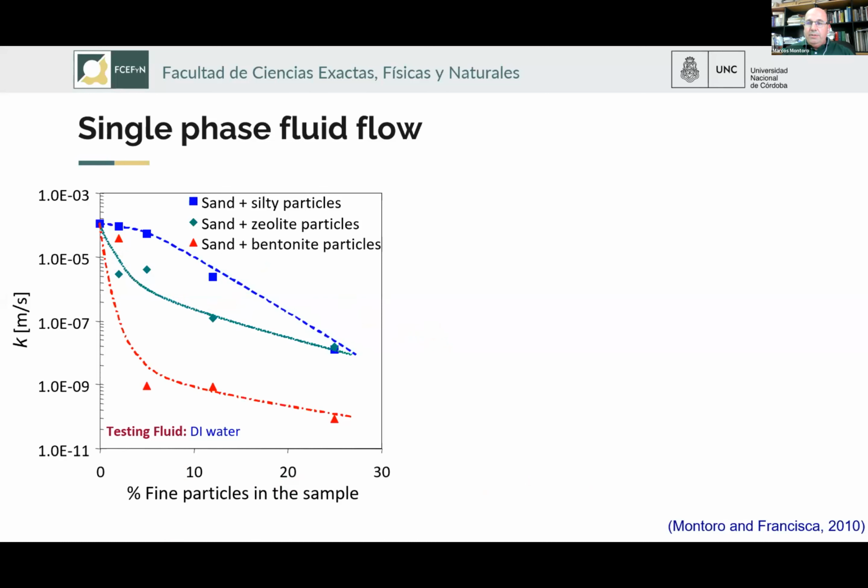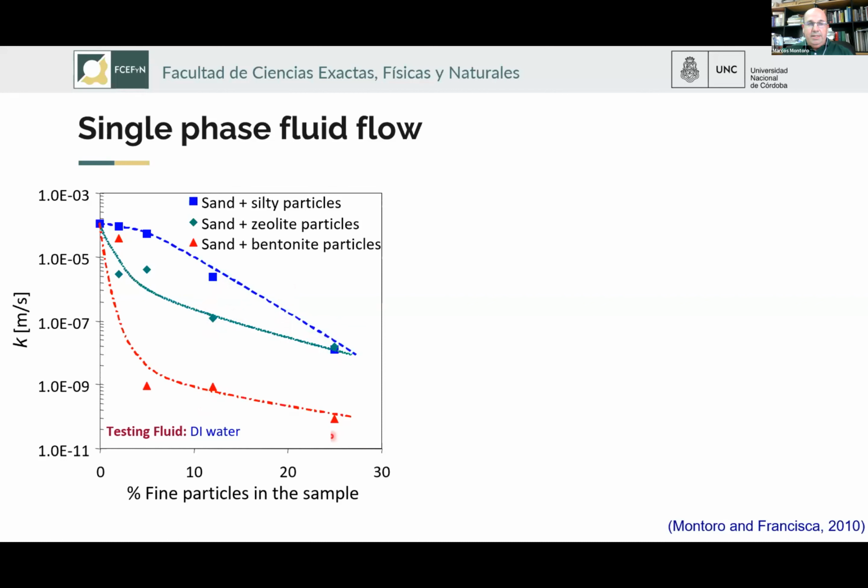And you can observe how the hydraulic conductivity decreases with the increase of the fine particles content, in this case using deionized water as a testing fluid. You can also observe the difference in magnitude of hydraulic conductivity between the specimens having different types of fine particles, but the equal amount of fine particles.